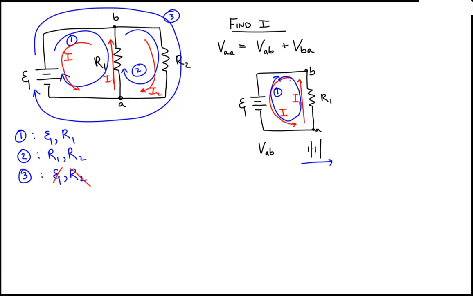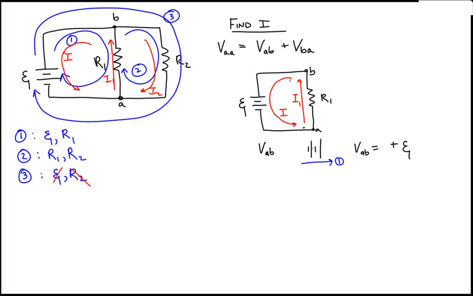And along that path we go from the negative terminal of the battery to the positive terminal of the battery. So that potential difference from A to B is equal to positive the EMF of the battery. Let's just do this piecemeal.